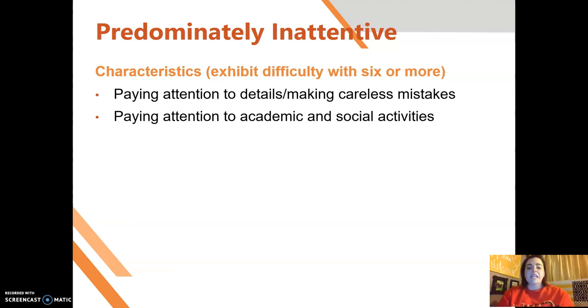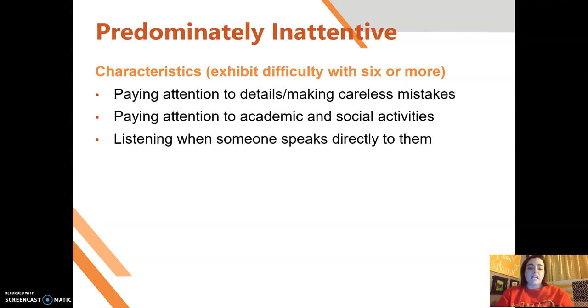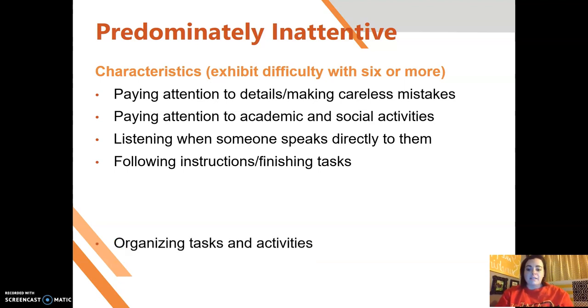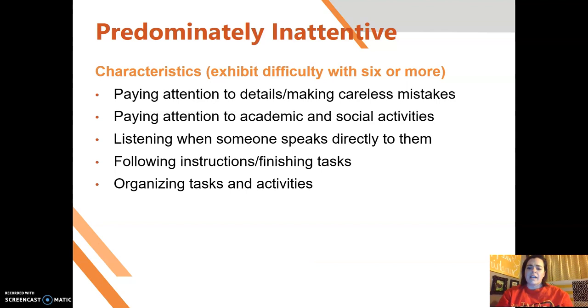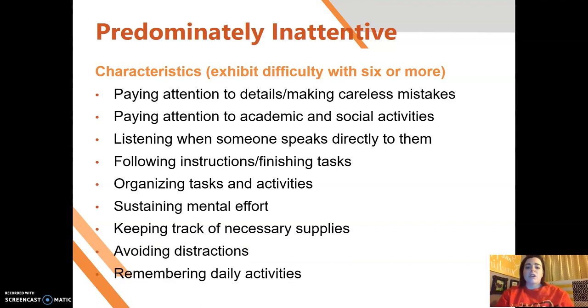You struggle with paying attention to academic and social activities. You struggle listening when someone speaks directly to you. You struggle following directions and finishing tasks. You struggle organizing tasks and activities. You struggle sustaining mental effort, and you struggle keeping track of necessary supplies. You struggle with avoiding distractions, and you struggle at remembering daily activities.